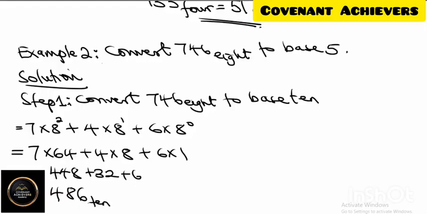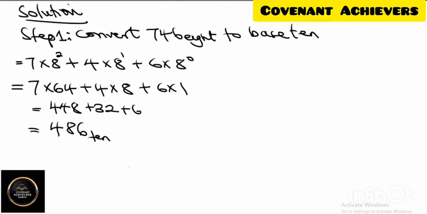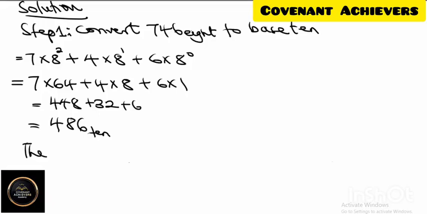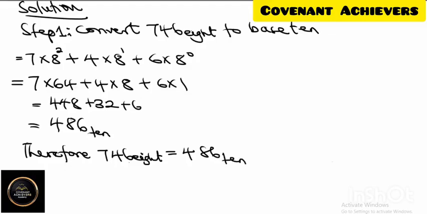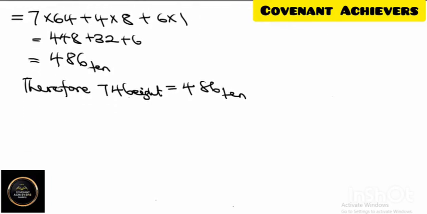Now taking 486 base 10 to the required base, you can say therefore 746 base 8 is equal to 486 base 10. So you can now convert 486 base 10 to the required base, which is base 5.